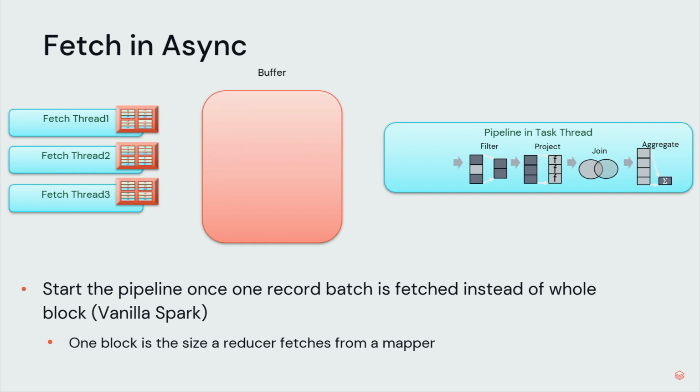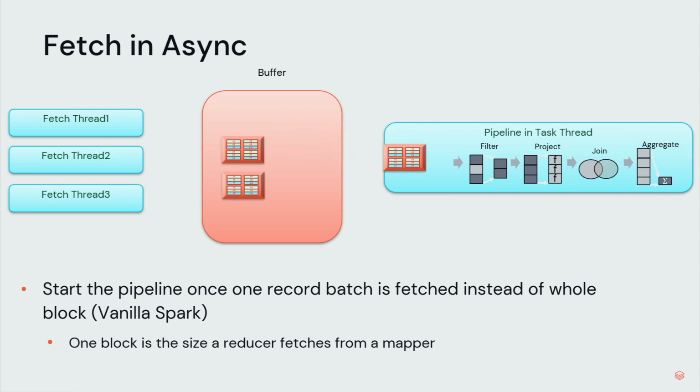And once all the data is fetched, then it starts to decompress it, and then it starts the reducer pipeline. But since the columnar format is organized in record batches, we can start the reducer pipeline once one record batch is fetched from the remote side into the buffer.